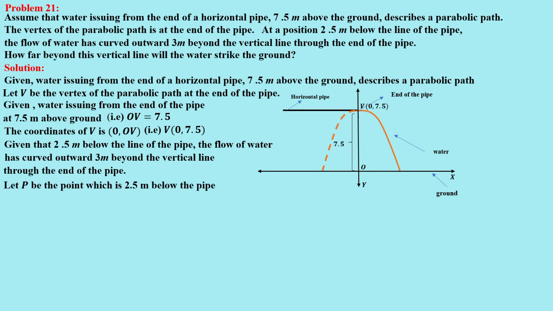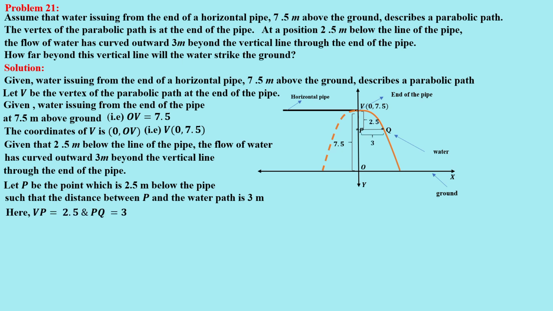So let P be the point which is 2.5 meter below the pipe on the vertical line, such that the distance between P and the water path, at the point Q, is 3 meter. So PQ is 3 meter, VP is equal to 2.5, PQ is equal to 3.